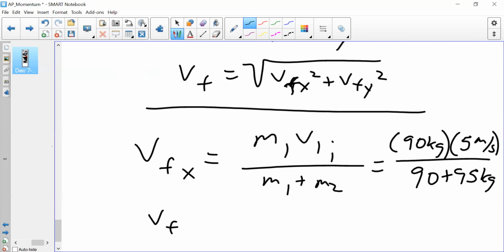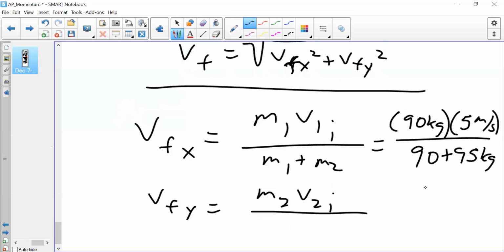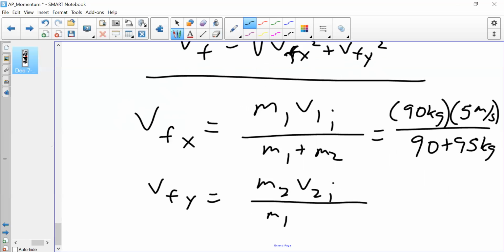Then do the same with VFY, ones and twos on the ones and twos. All right, so this is going to be 95.